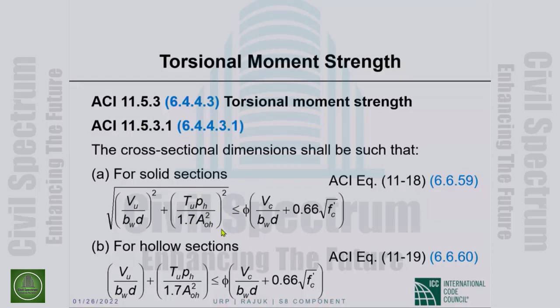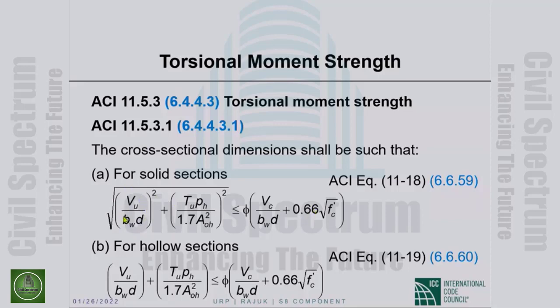Now the P sub h and A sub 0 h, it will be better if I talk about it in just a minute. Well, it needs to be exactly defined.